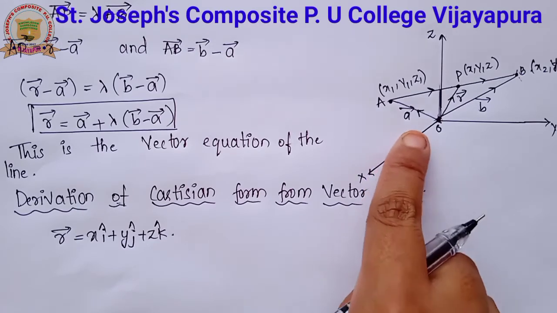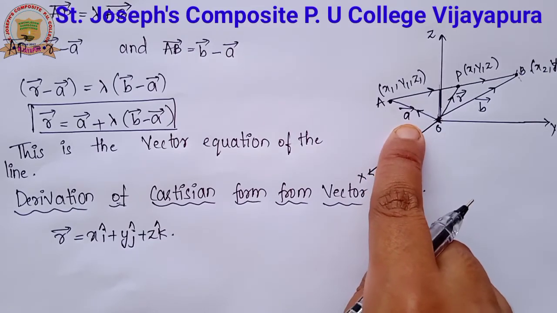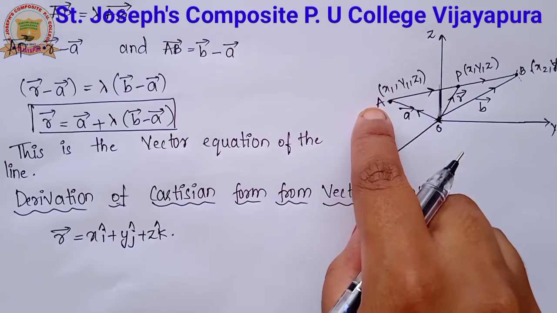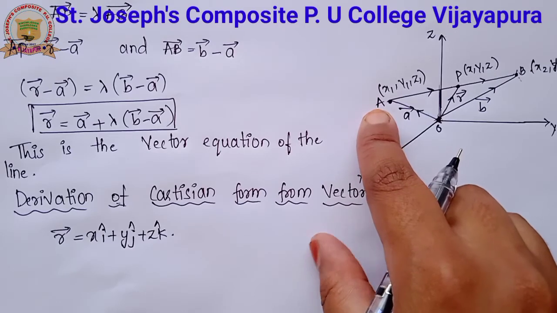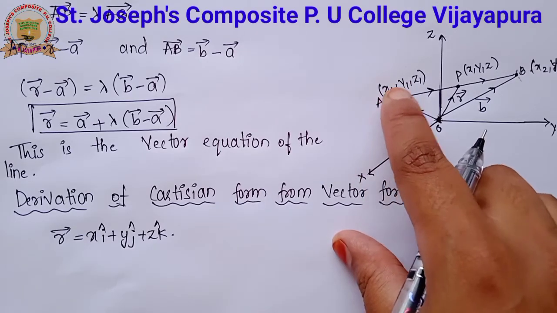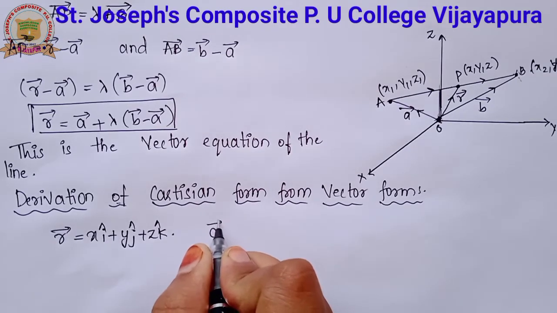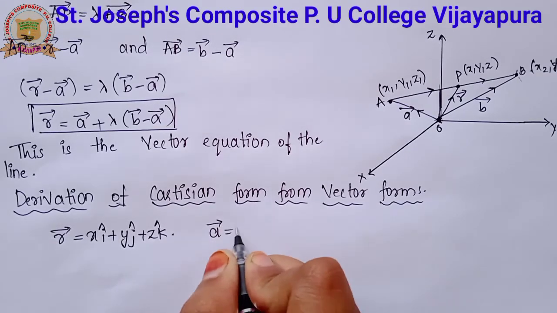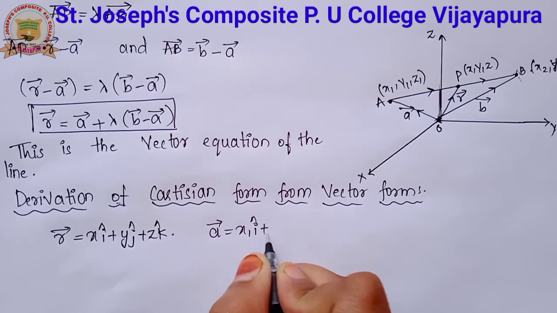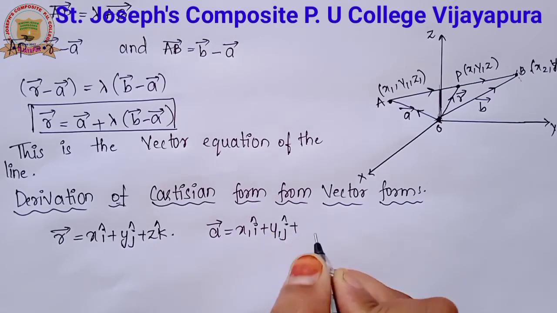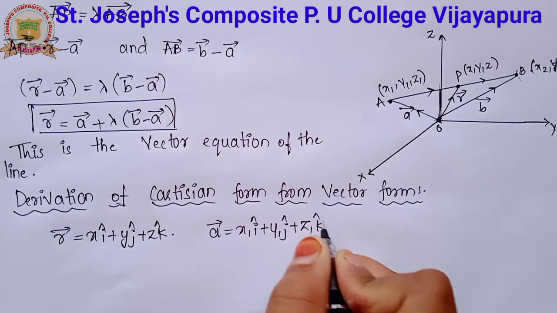And the position vector of A, for point A having the coordinates x1, y1, z1, can be written as x1 i vector plus y1 j vector plus z1 k vector.